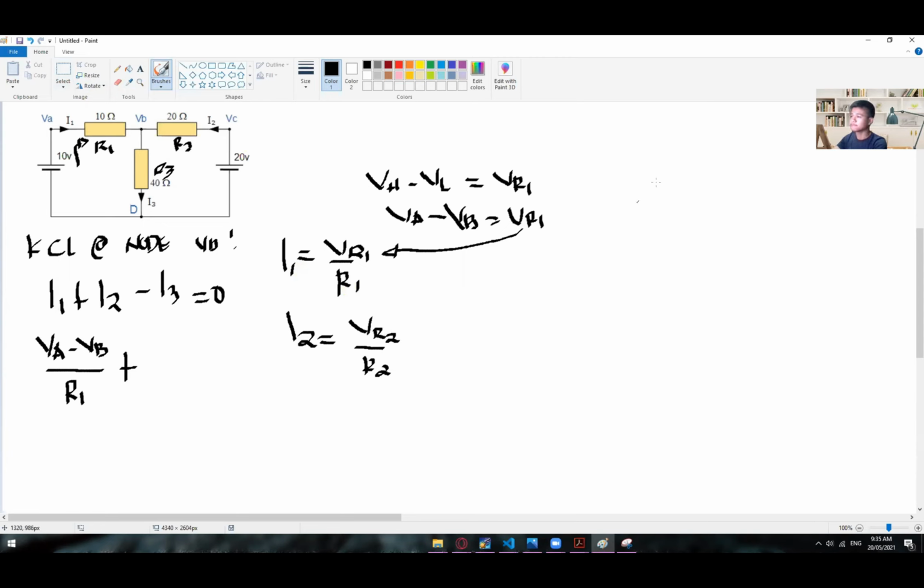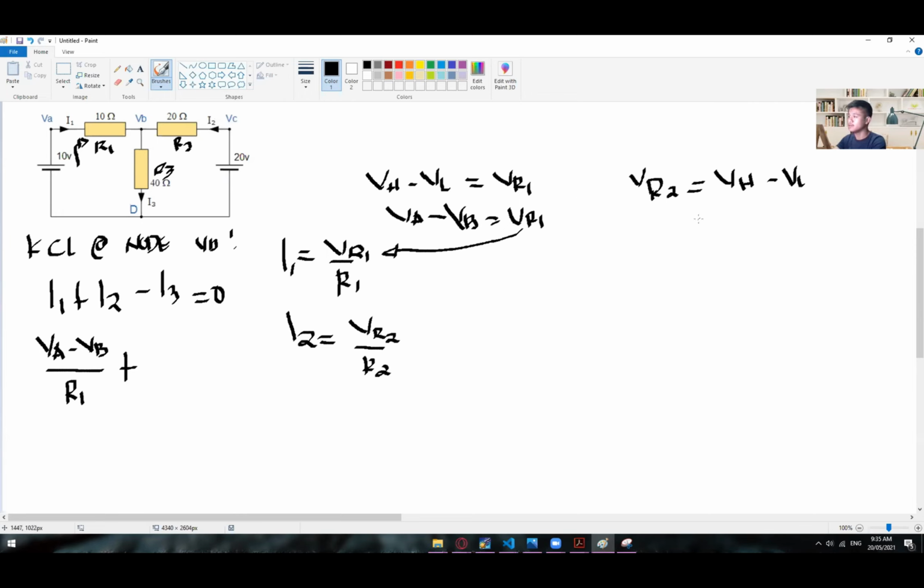So the same concept in getting the VR2, we have the VH, higher potential voltage, minus the lower potential voltage. For the R2 right here, as you can see, we have VC receiving 20 volts. At this point, of course, it will leave a voltage drop. Upon reaching VB, VB is now lesser than VC. So we already know that VC is higher than VB.